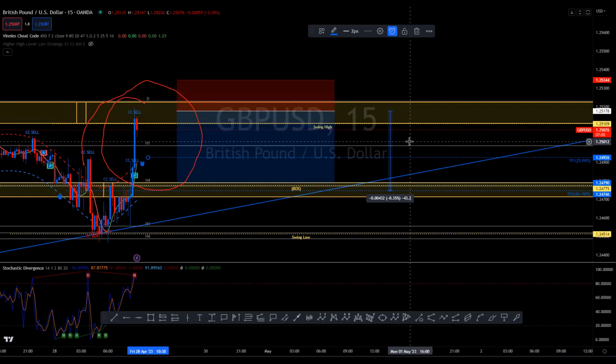Still watching price. We have less than 7 minutes before the 9:30 candle hits.